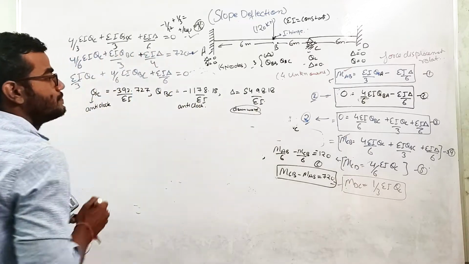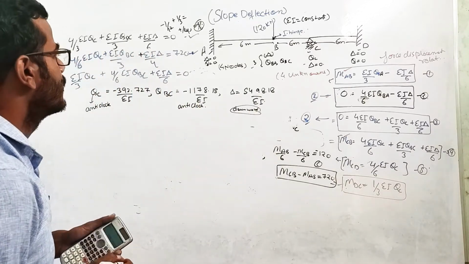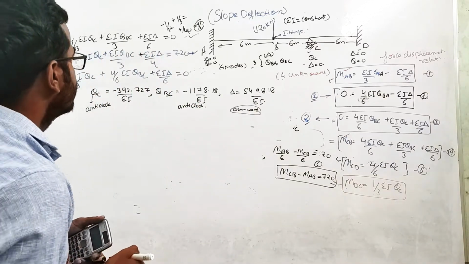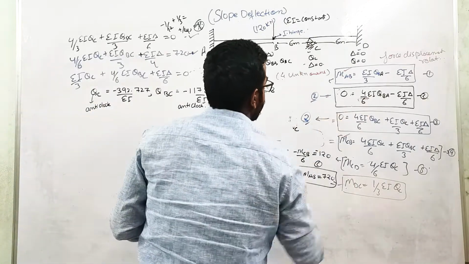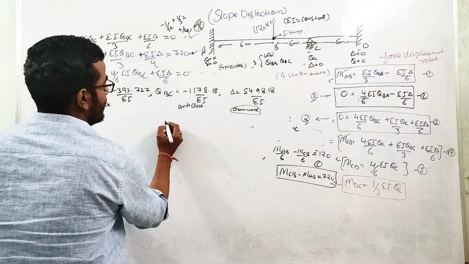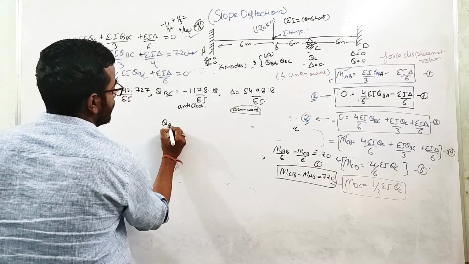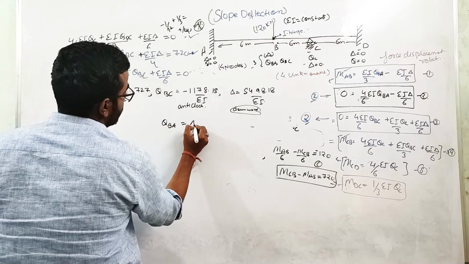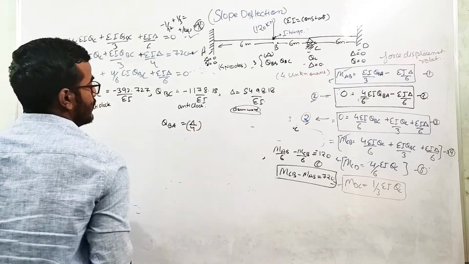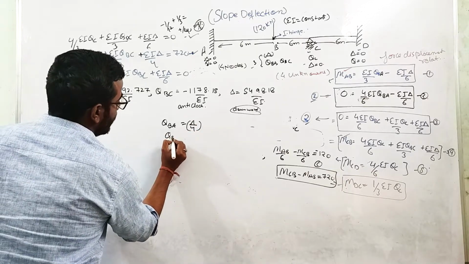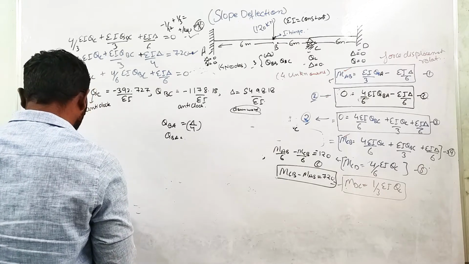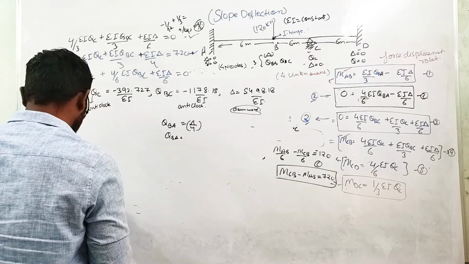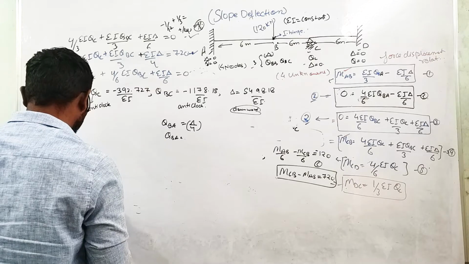Now, there is a relation between theta BA and delta. And what was the relation? Theta BA equals delta by 4. So theta BA will be equal to 5498.18 divided by 4.